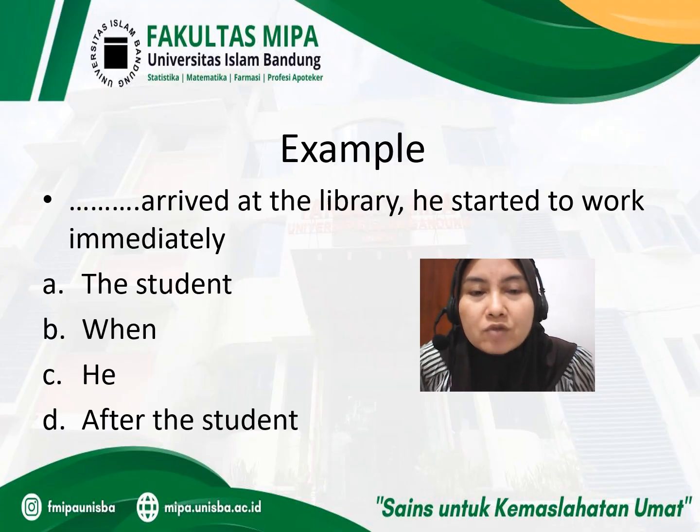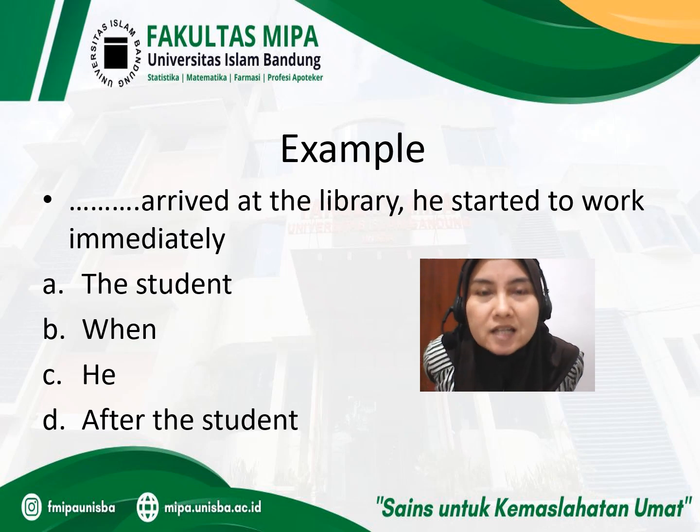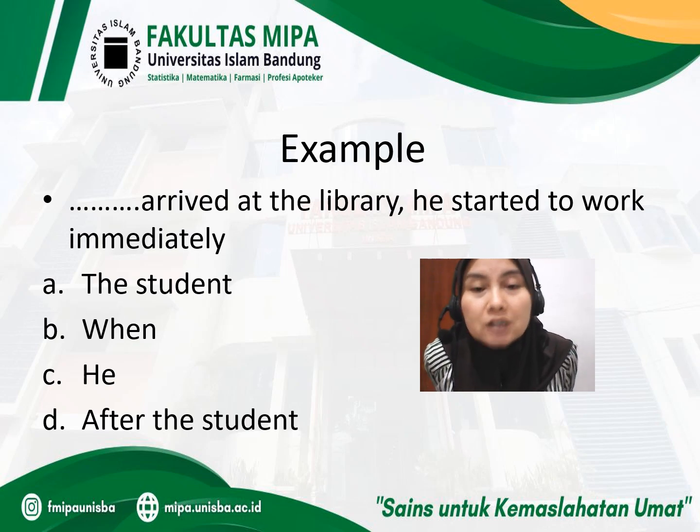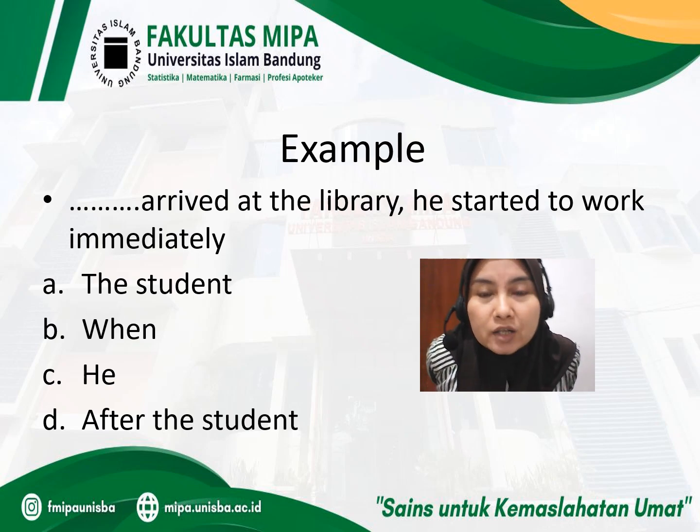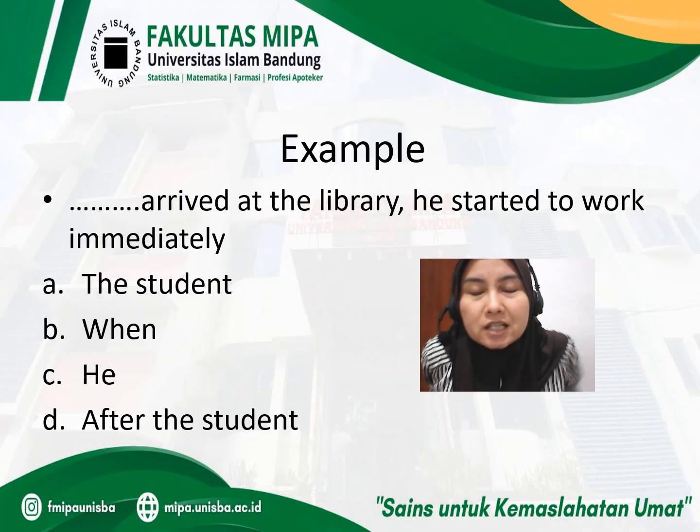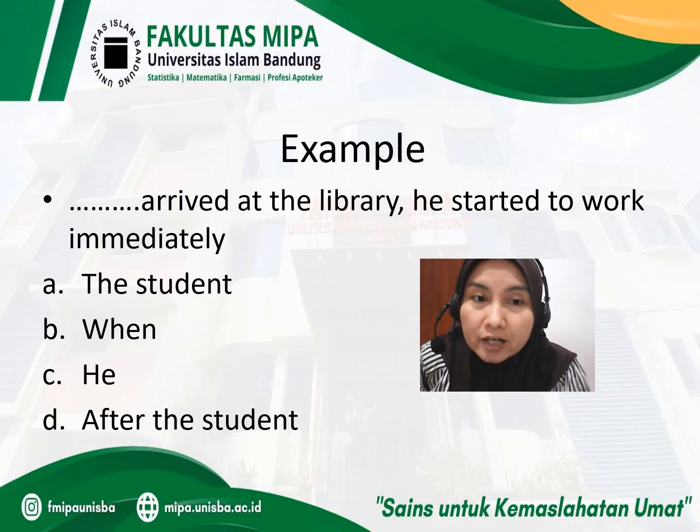So let's look at the example here. Blah blah blah arrived at the library. He started to work immediately. As you can see, there is one complete clause after the comma: he started to work immediately. This is complete because there is a subject and a verb. But before the comma, we have the verb arrive, but there is no subject. So we have to find a subject for that first clause.